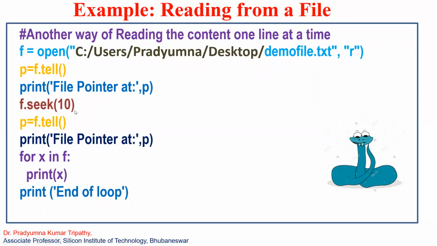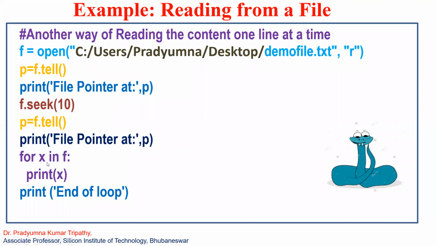Then there is a function seek. f dot seek of 10 will move the pointer to the 10th byte, the 10th character, the 10th position. It will move the file handler to the 10th position, right? So then if I write f dot tell, it will tell that it's at the 10th position, correct?